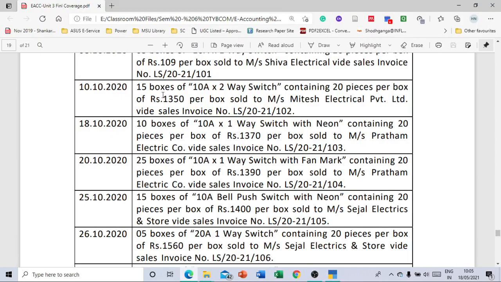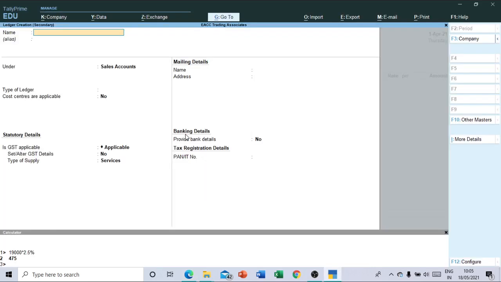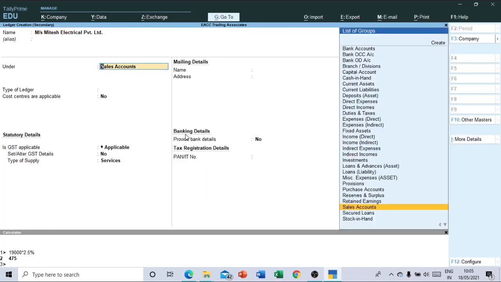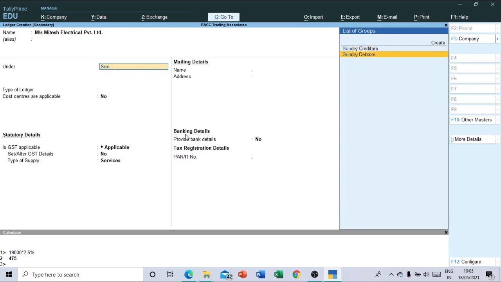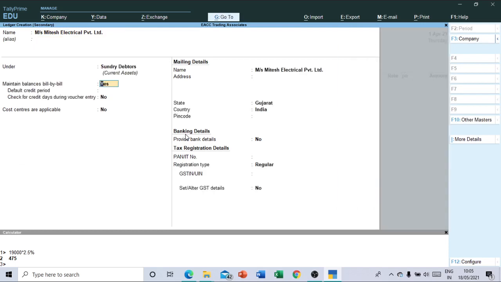So 15 boxes of the 10 ampere PV switch, containing 20 pieces per box, at rupees 1350 per box, are sold to Messrs. This Electricals Private Limited. They pay in 25 days.